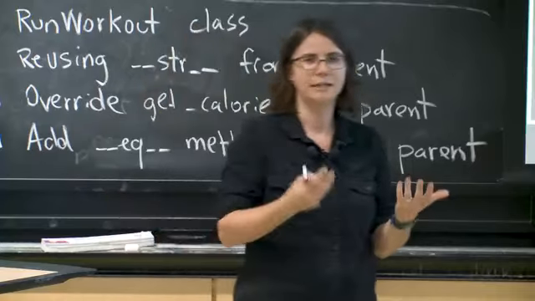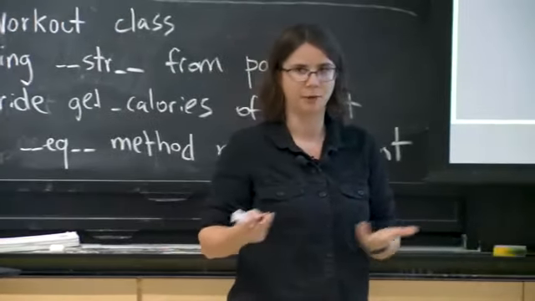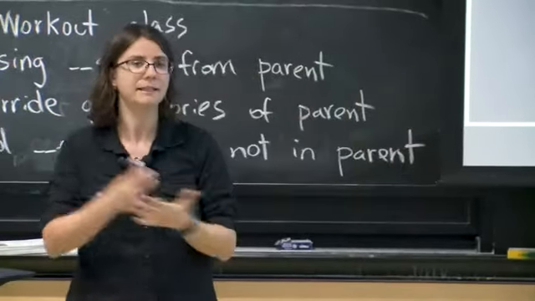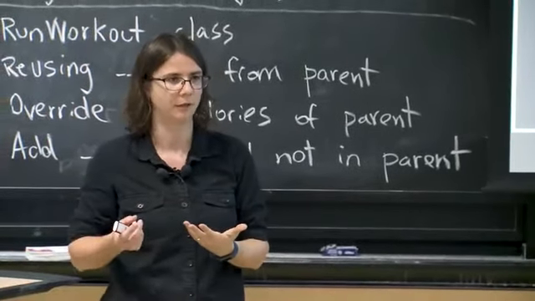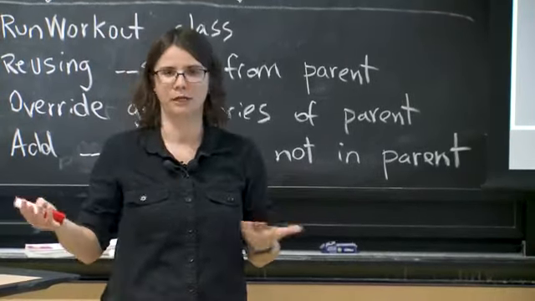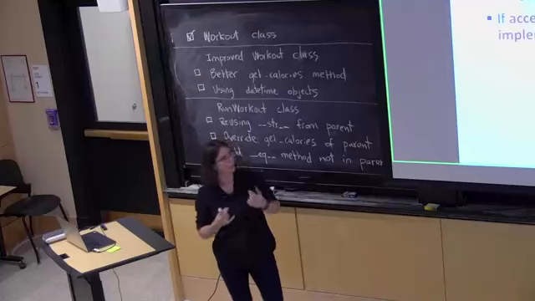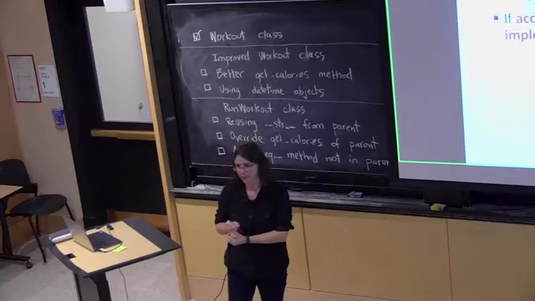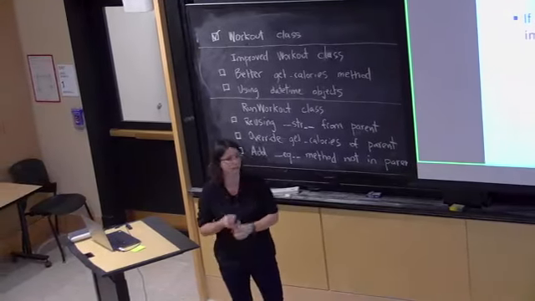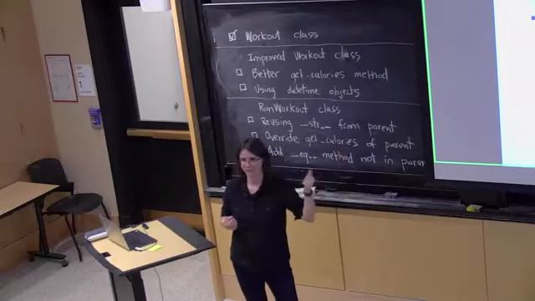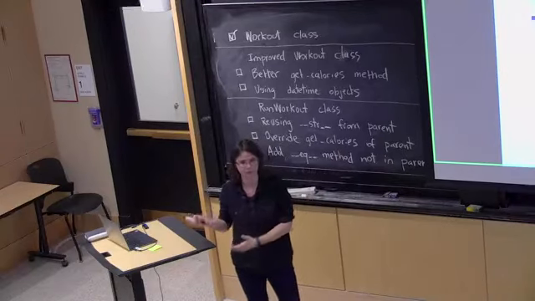So if the user doesn't supply the number of calories burned, we're going to have our getCalories method estimate those calories burned based on the duration of that workout, right? So we're going to allow the user to either supply the number of calories, in which case they probably know what they're doing, and then when they ask us to get the calories, we're going to use those.